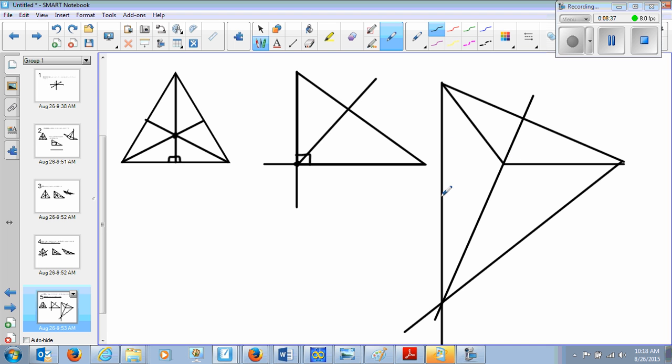But I'm going to keep extending that all the way down here. And then when I draw this from this vertex perpendicular to this side, you come down here, see there's where they would actually be perpendicular, right about there. But I have to keep extending this to create that orthocenter. And so if you have an obtuse triangle, the orthocenter is actually going to be outside of the triangle.